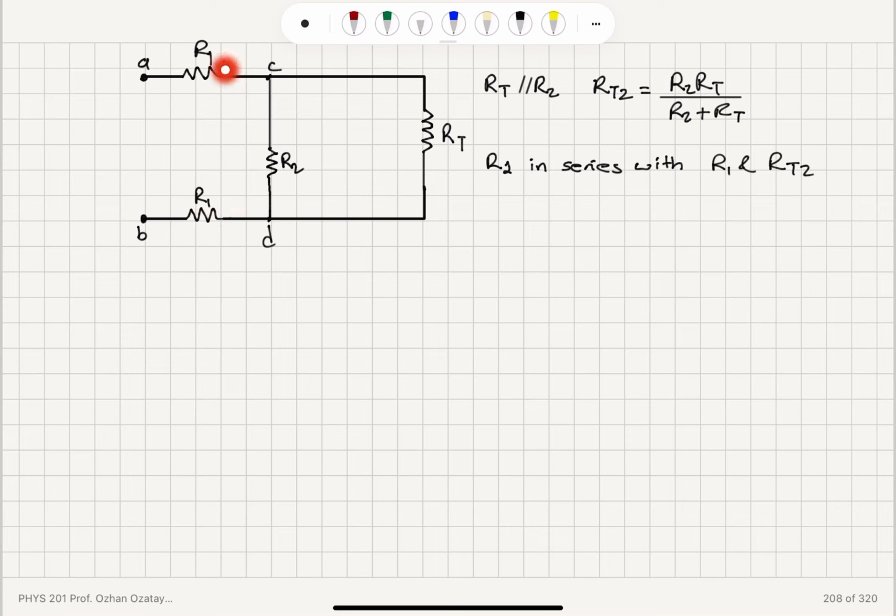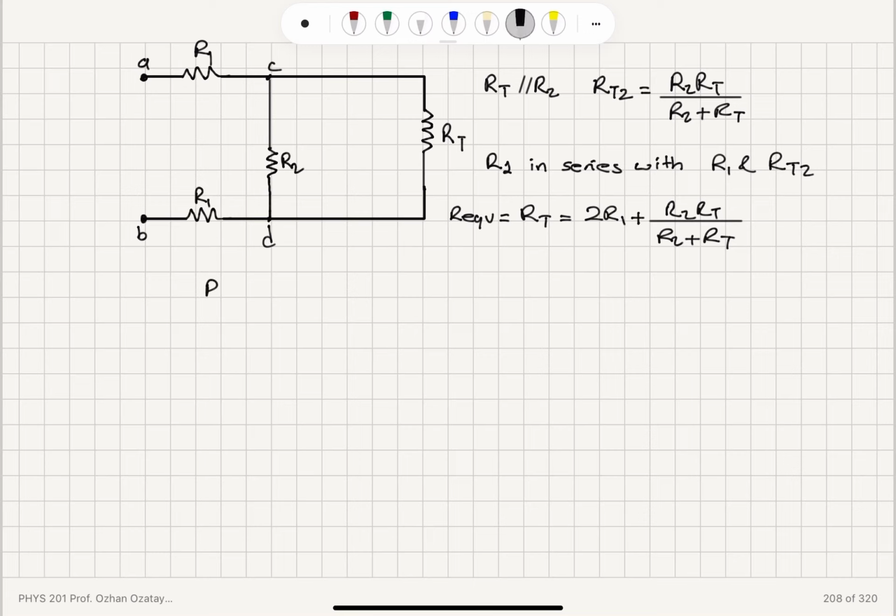R1, R1, RT2, they're connected in series, so the equivalent resistance, which is what we call R total, is actually 2R1 plus R2 R total divided by R2 plus R total. So we can write this as 2R1 R2 plus 2R1 RT, R2 plus R2 RT for the common denominator, R2 plus RT. So let's do that.